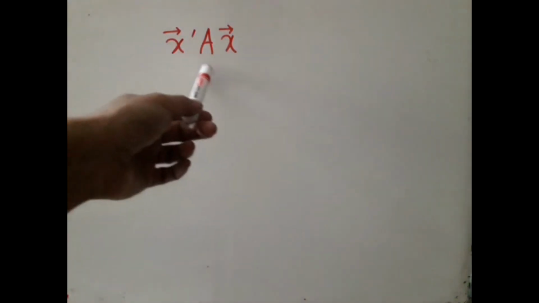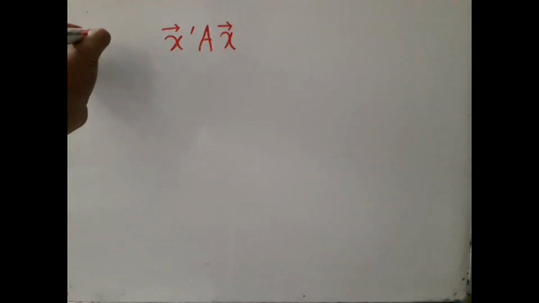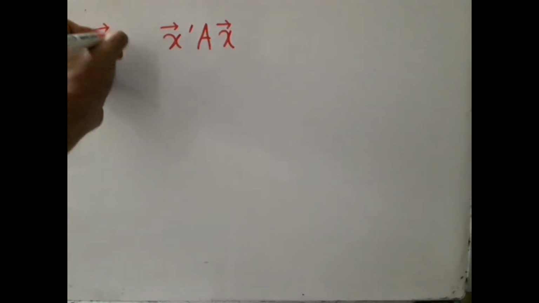A quadratic form, we have said, is something like x prime A x, where A is real symmetric. Now x is an n by 1 vector of real quantities. So I can consider this as a map. x is being mapped to this.